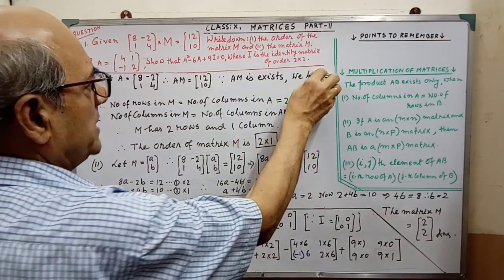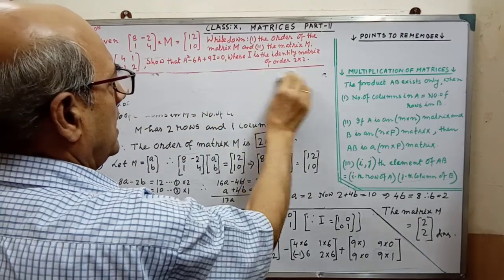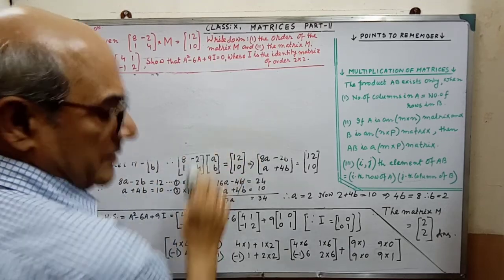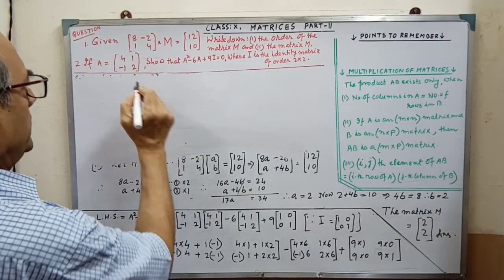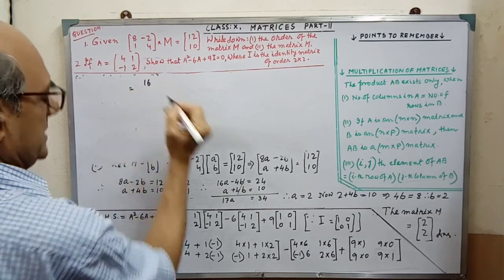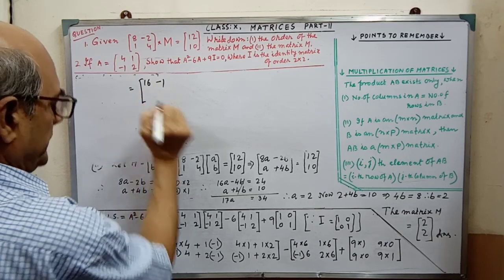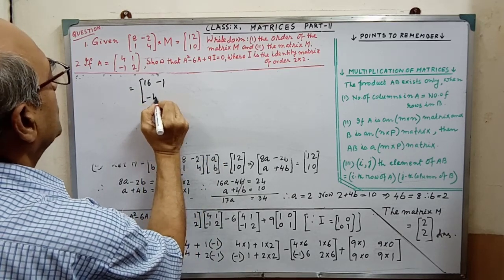Now the remaining parts of this sum, follow the board attentively. I think easily you will understand. 4 into 4, that is 16. 1, that is minus 1. Minus 1 into 4, that is minus 4.